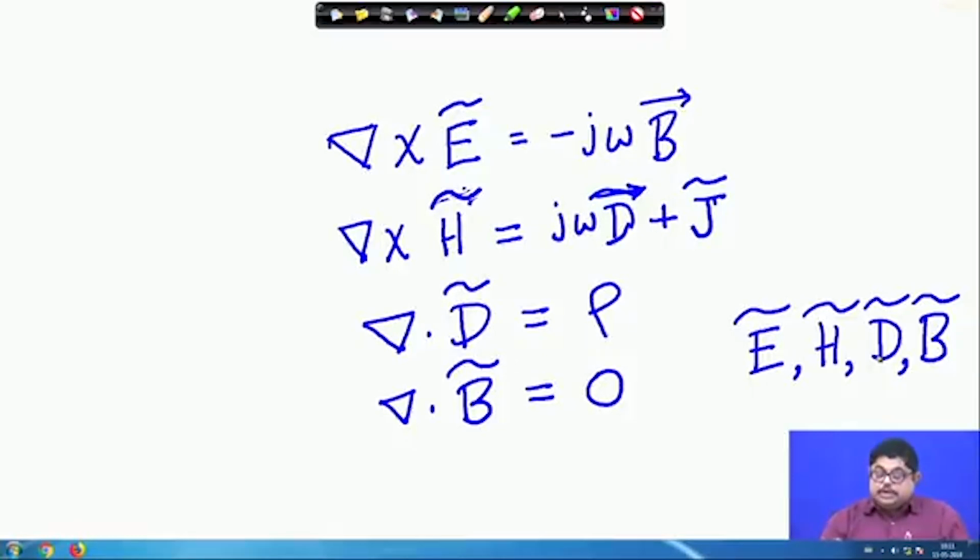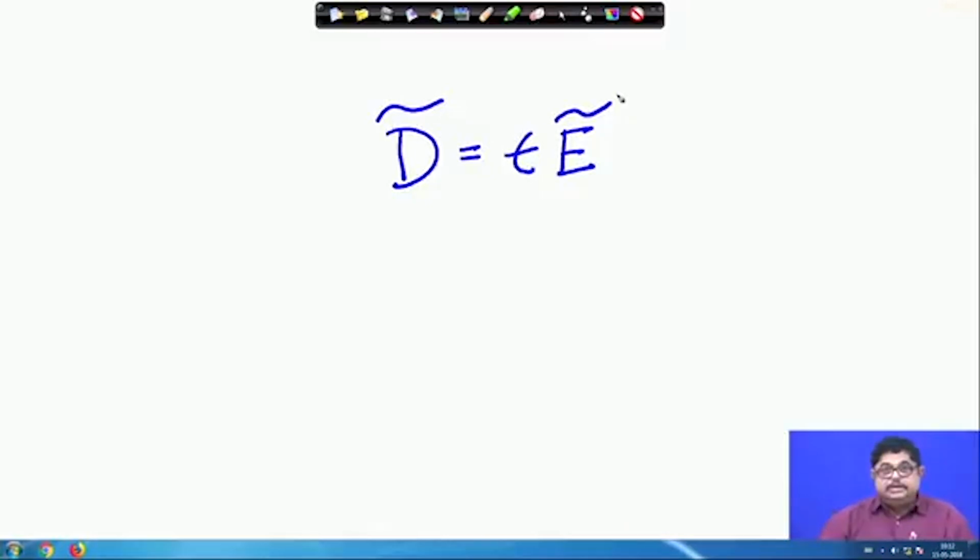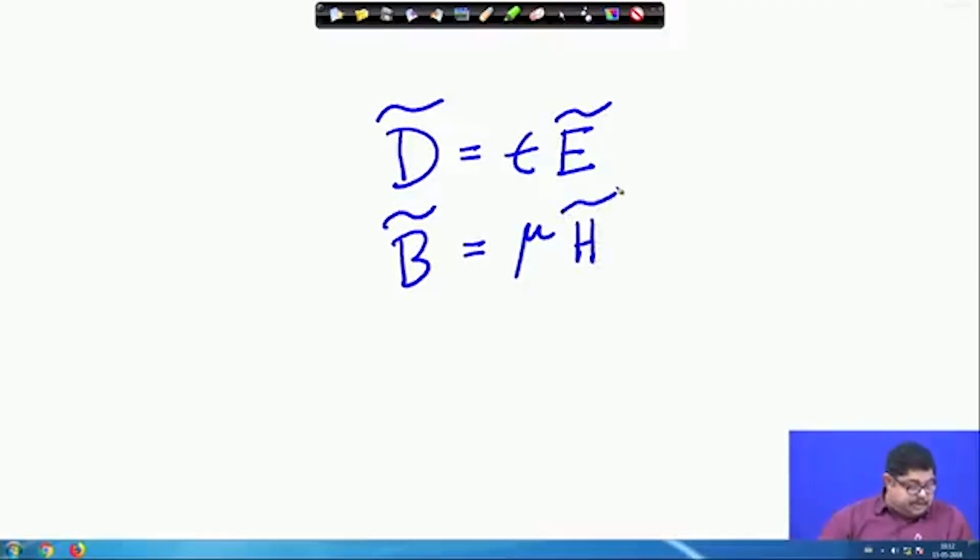So, there are 4 equations, but we are interested in E and H. So, can we eliminate D and B? Yes, we can, because we have constitutive relations. With the constitutive relation, for simple materials, D is related to the electric field and B, the magnetic flux density vector, is related to the magnetic field.